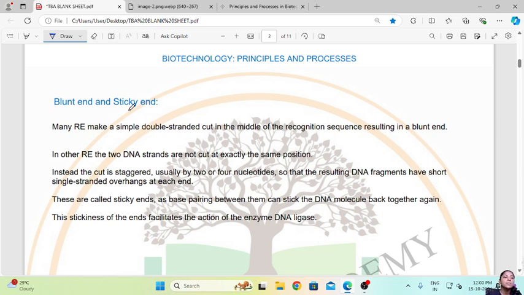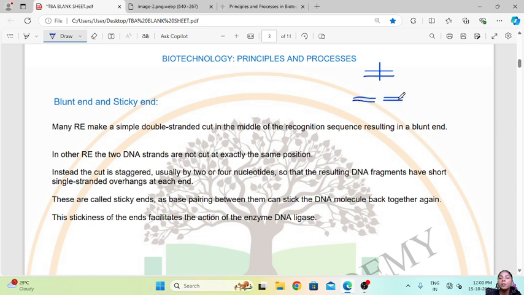So what are these blunt end and sticky ends? Now when restriction endonucleases or a restriction enzyme cuts a fragment of DNA, it can either form a blunt end or a sticky end. Now suppose this is a DNA fragment and a restriction enzyme has cut it. Now this will form a blunt end like this.